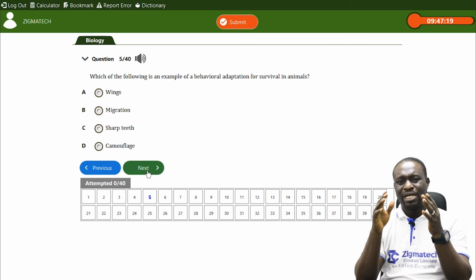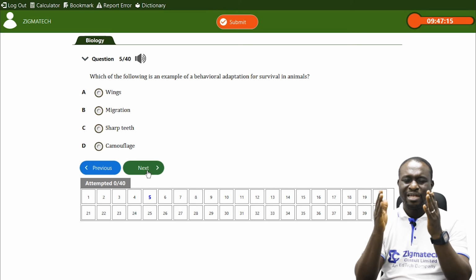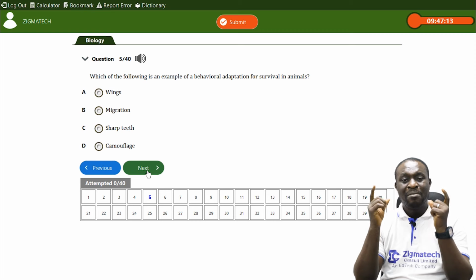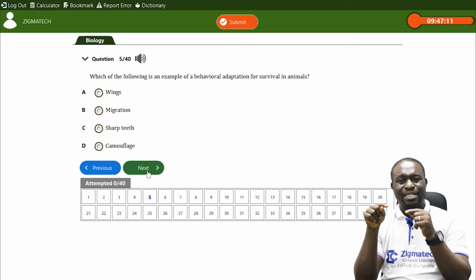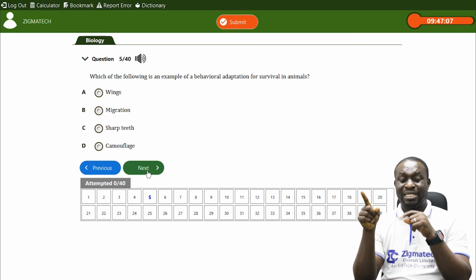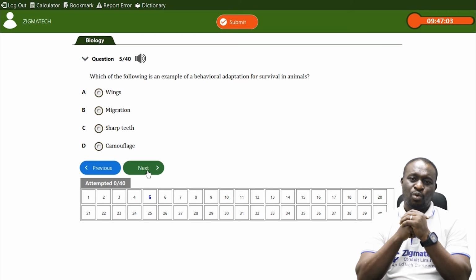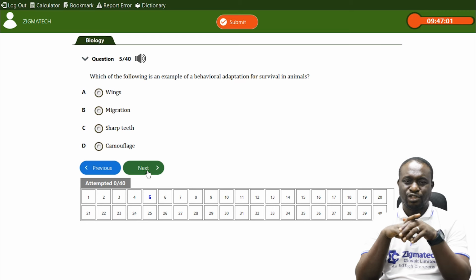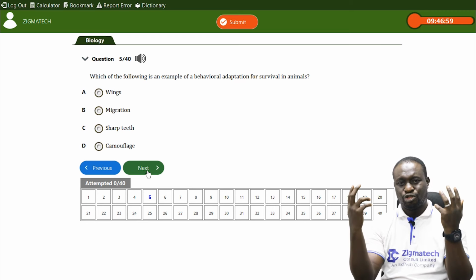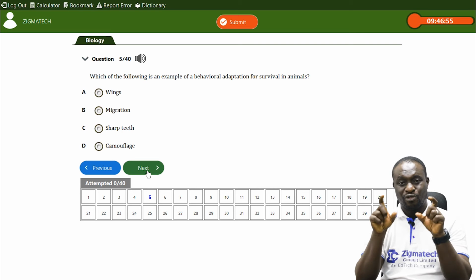Adaptation is the ability of living organisms to survive in a particular environment based on their structural and behavioral features. This brings us to the two types of adaptation. We have structural adaptation, which has to do with the structure, the morphology of these organisms, in order to survive.